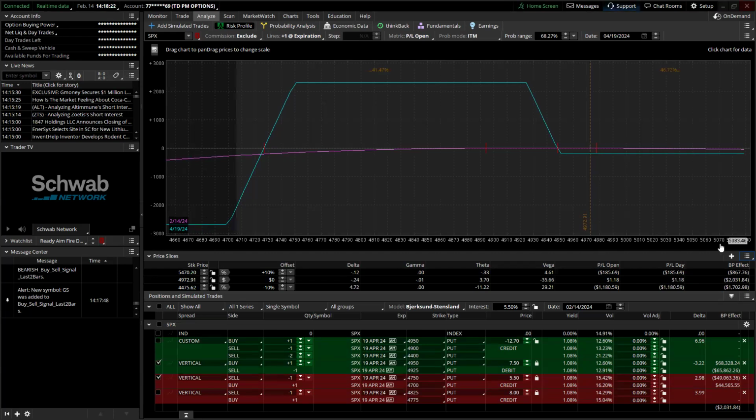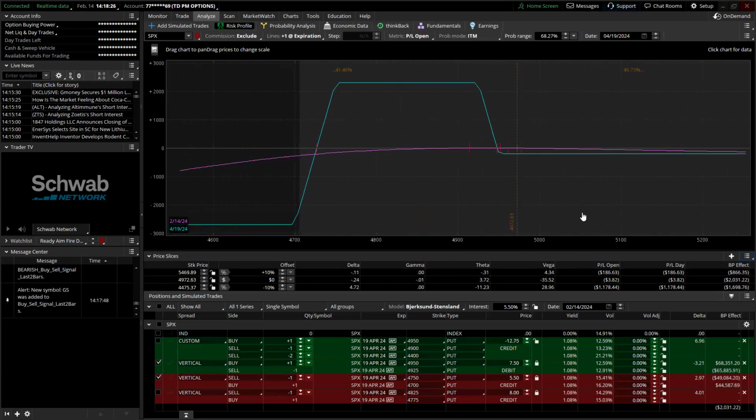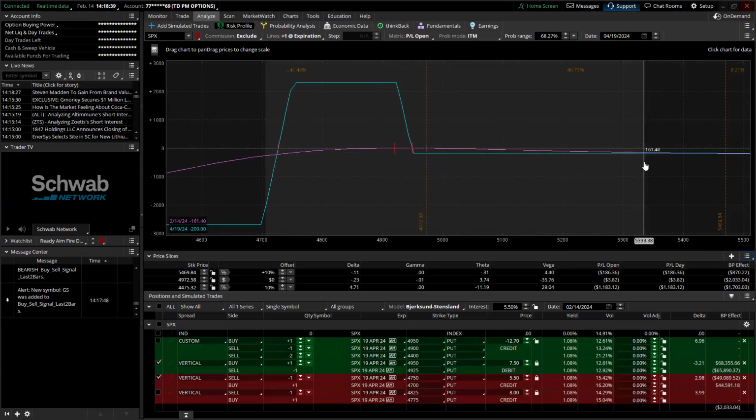So we can see that, just based on this risk graph, let's assume, right, we put this trade on and we can go and, all right, so we have the date, right? And here with Thinkorswim, you can see this lighter gray area. I hope you guys can see this. This is a 1 standard deviation move, right?